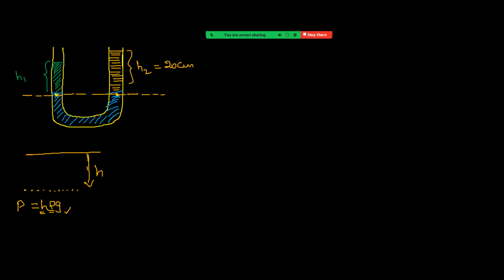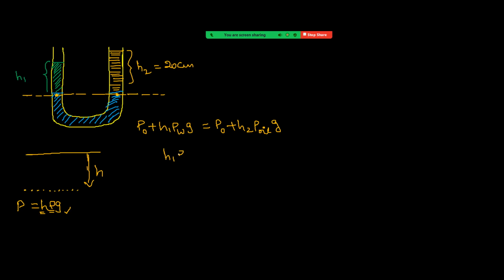So since it is just below the interface, the pressure is P naught plus H1 rho of water into g. That must be equal to, coming to here, P naught plus H2 density of oil into g. Now P naught gets cancelled.